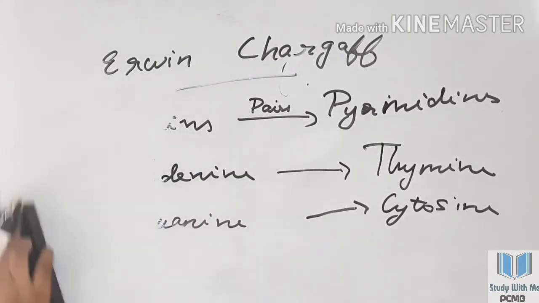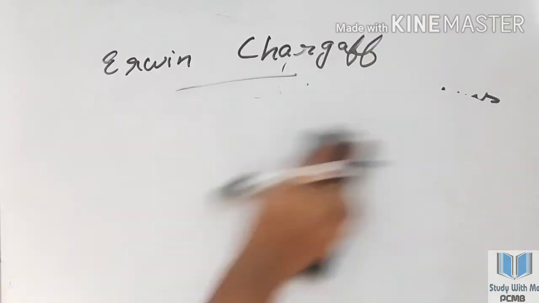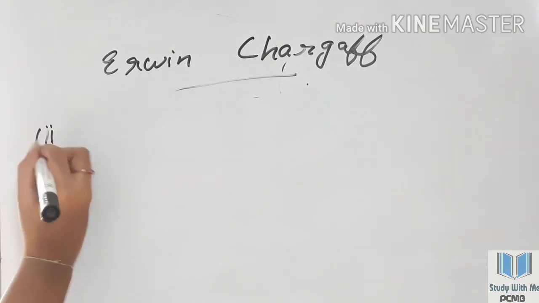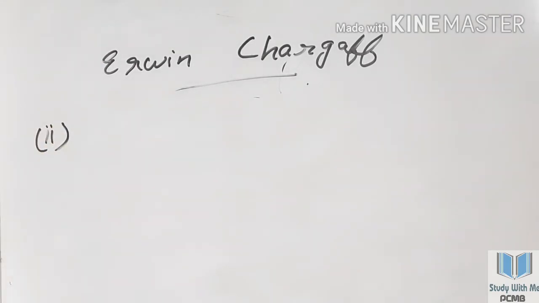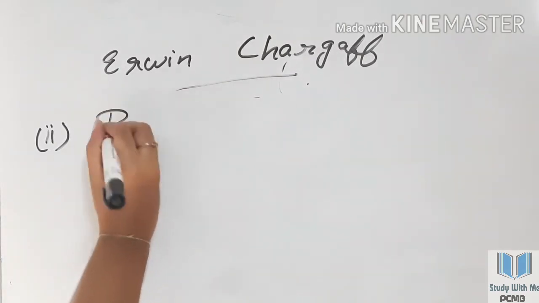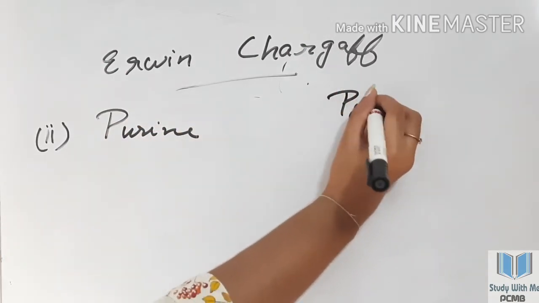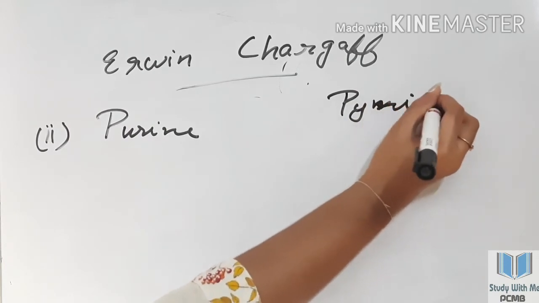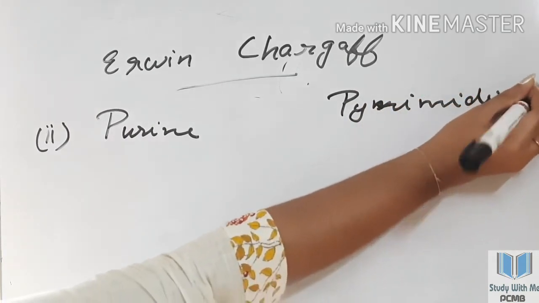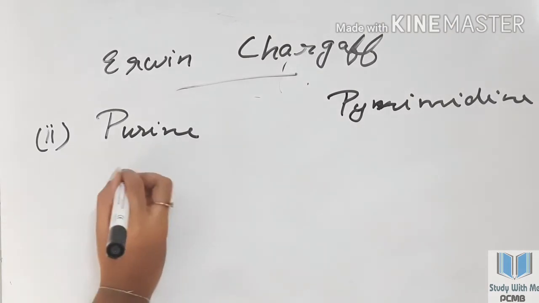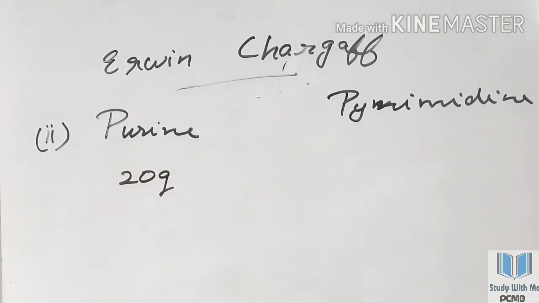What is the second rule? It says that the quantity of purine is always equal to that of pyrimidine. This is purine and here is pyrimidine. Now, for your better understanding, I am writing here, suppose consider purine is 20 grams. Just an example.